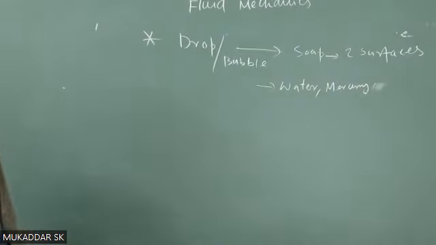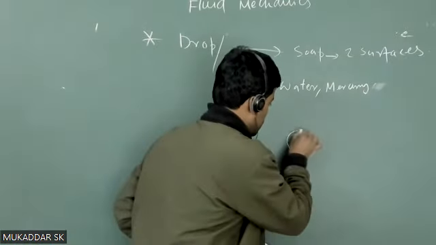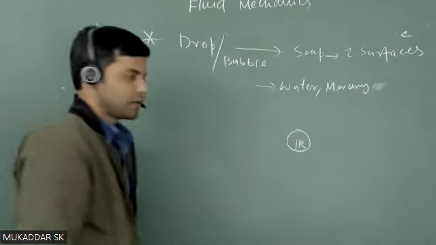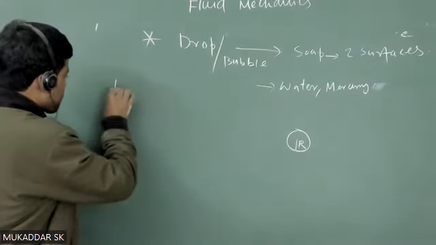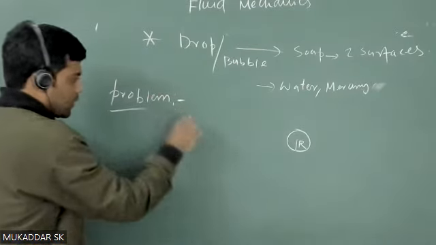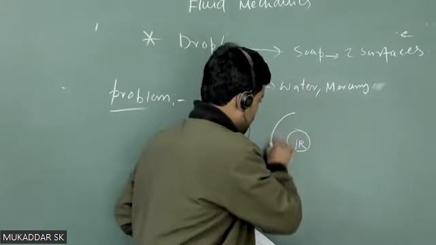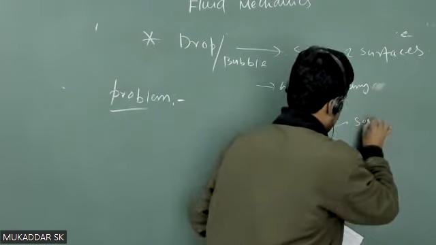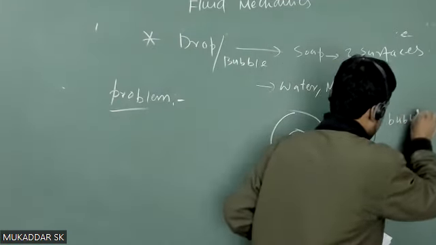Now suppose you have a spherical bubble, its radius is r. This is a soap bubble.